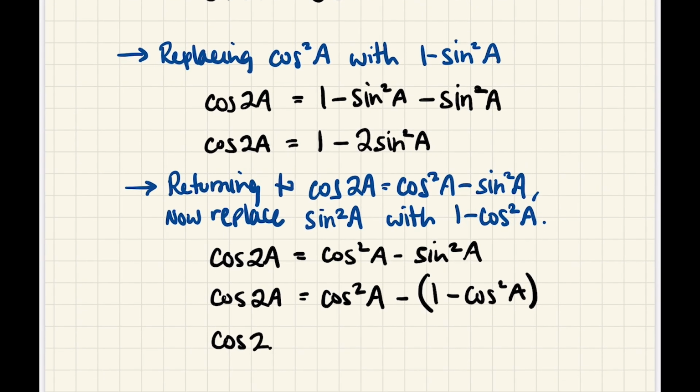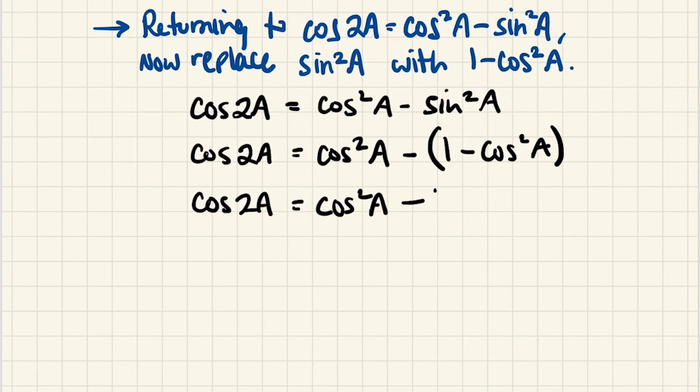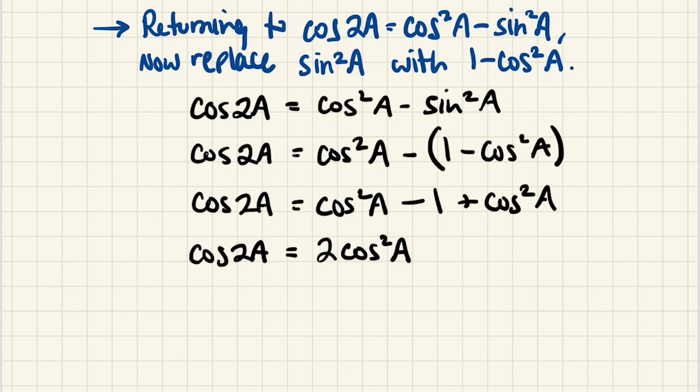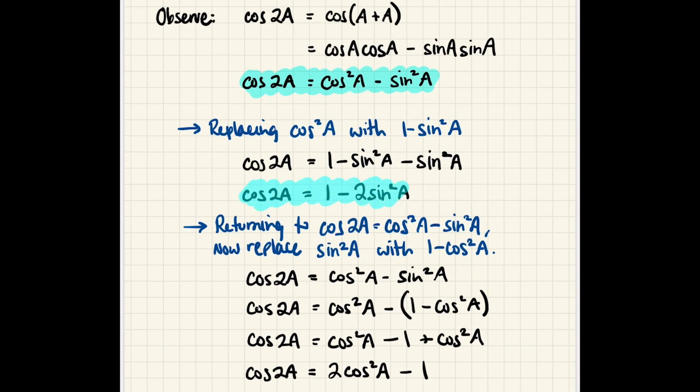And so if we distribute the negative on the right-hand side, we'll get minus 1 and then plus cosine squared a. And we can combine like terms on the right, so we get cosine of 2a is equal to 2 times cosine squared of a minus 1. All right.